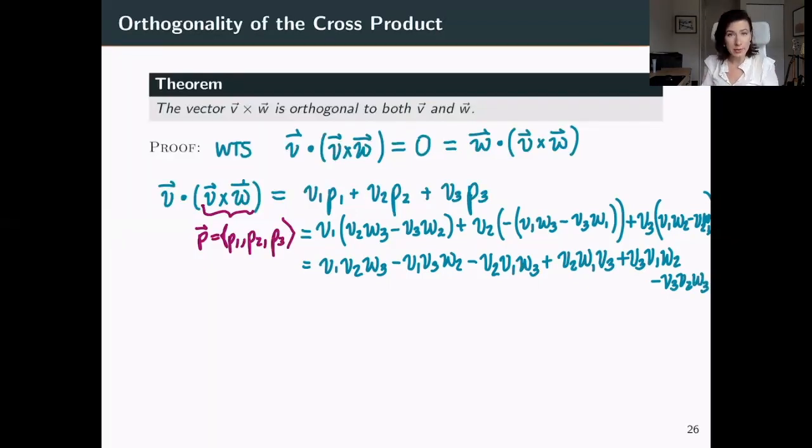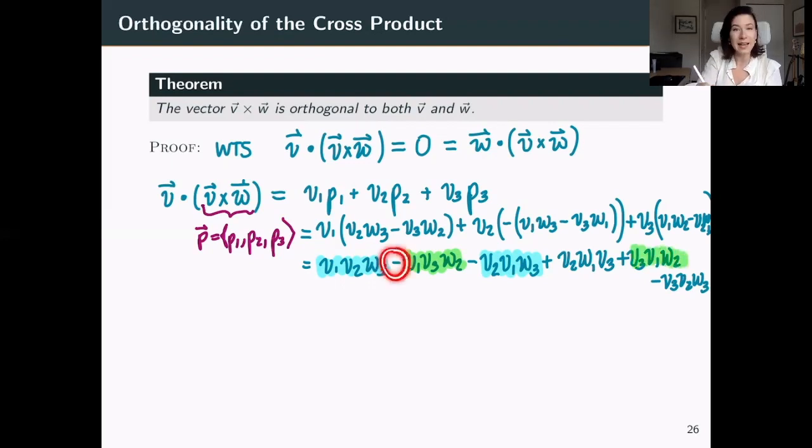Apparently, everything is supposed to cancel out to 0, so we should see whether or not we have some matching pairs. v1, v2, w3 matches up with this term here. Multiplication is commutative, so we can recognize that those two terms will cancel out to 0. Similarly, I have v1, v3, w2. And if we look around, we can see v3, v1, w2 here.